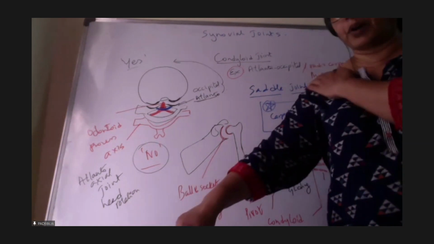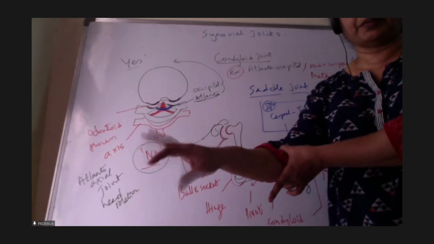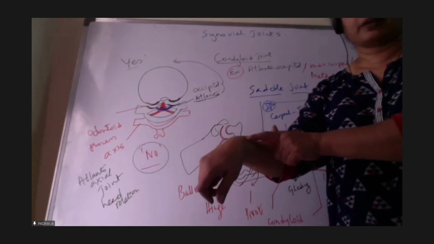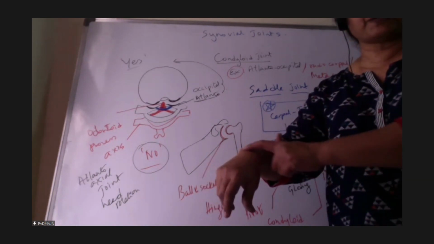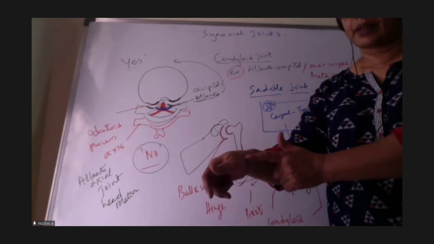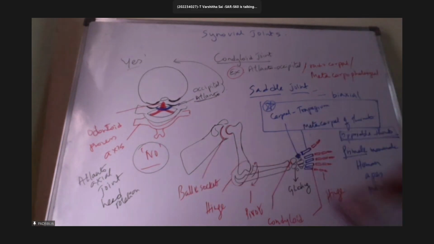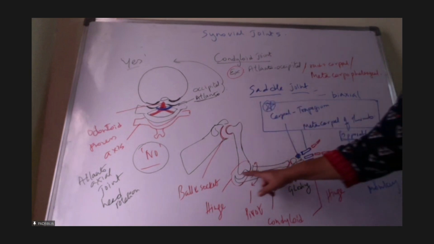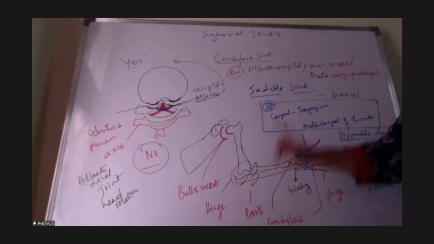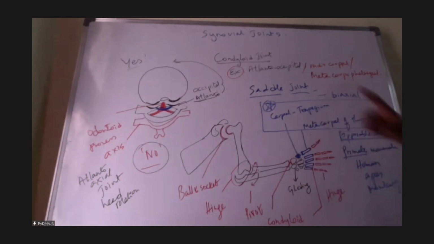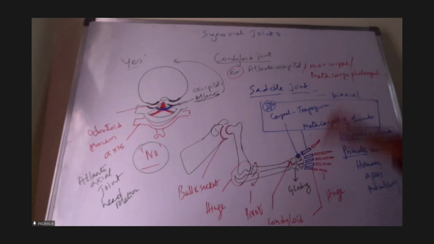Once again, ball and socket, hinge, pivot rotation between radius and ulna, condyloid between radius and carpal, gliding among carpals, and saddle between metacarpal and trapezium. Ball and socket, hinge, radio ulnar pivot, condyloid, gliding, saddle.